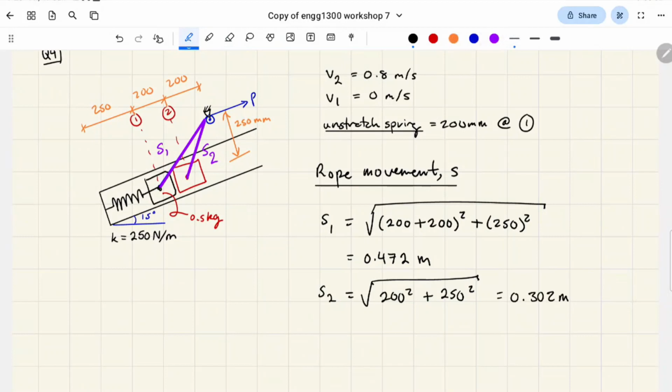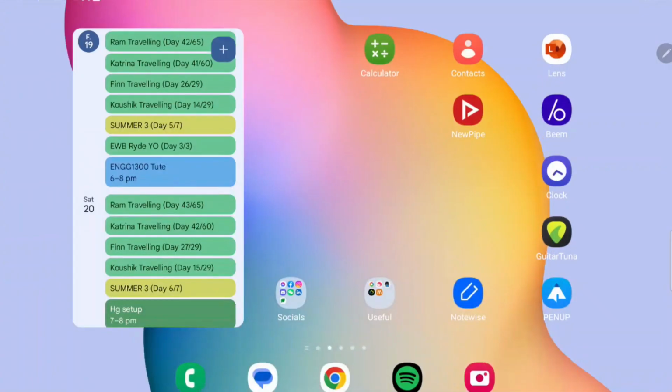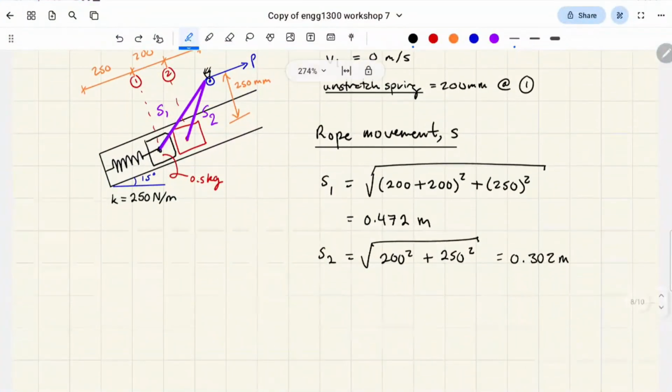Right? And this makes sense because the length of the rope has shortened as we're moving from 1 to 2. But we use Pythagoras because it's still that diagonal length, right? We're looking at those dimensions for state 1, and these dimensions for state 2, right? The change in length between what I've considered S1 and S2 is this.